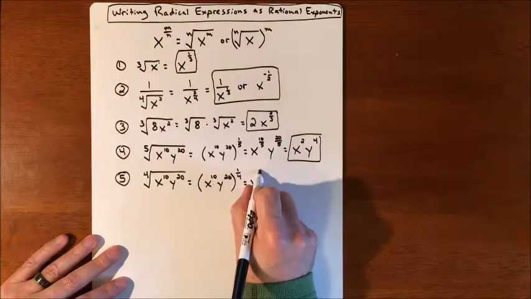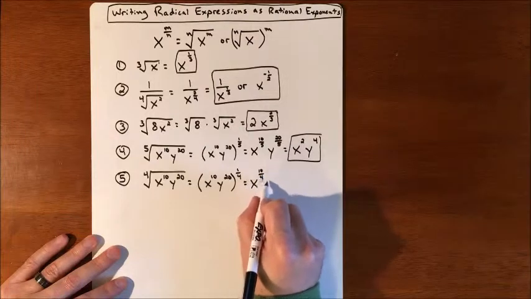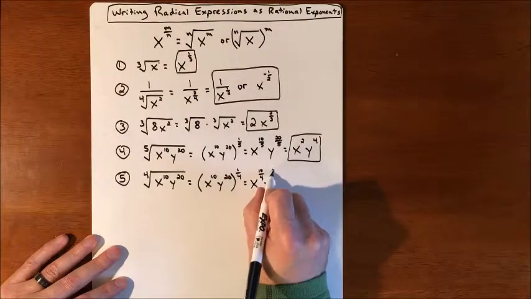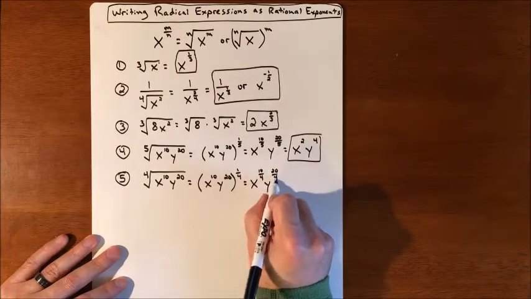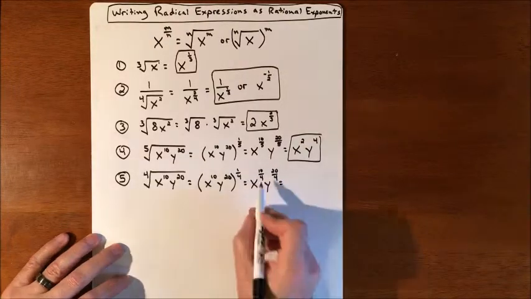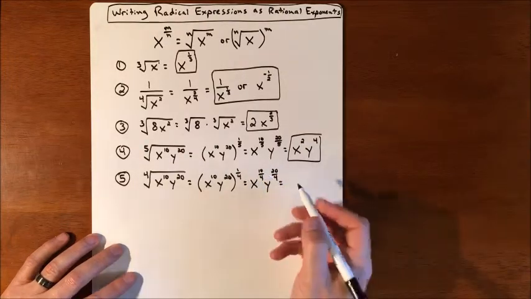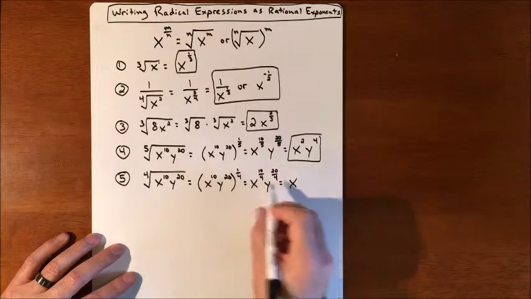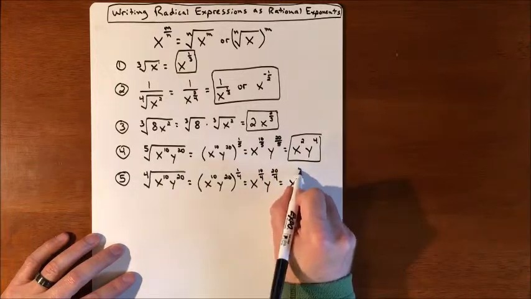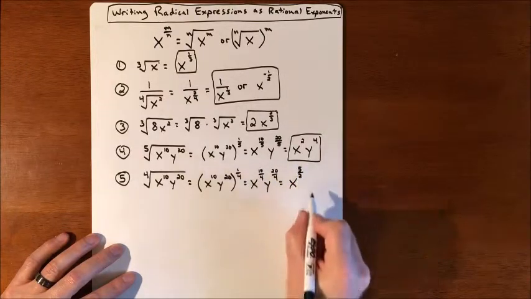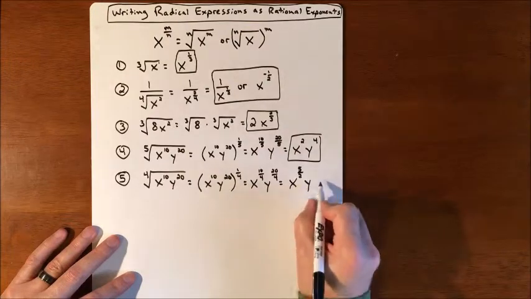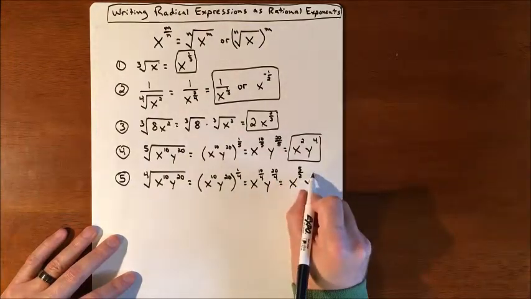So that's going to be x to the 10/4 and y to the 20/4. And we will just reduce our fractions. Now 4 doesn't go into 10, but we can reduce it a little bit. So 2 goes into both of them. So we'll make that x to the 5/2 and y to the 5th if you reduce that one.